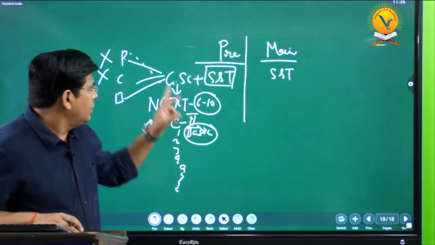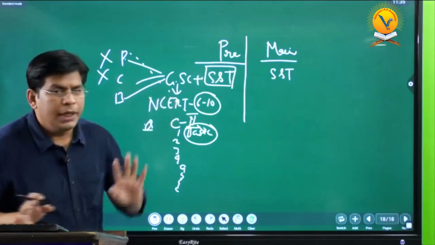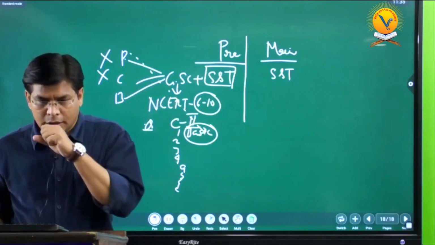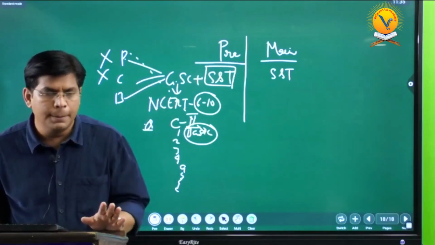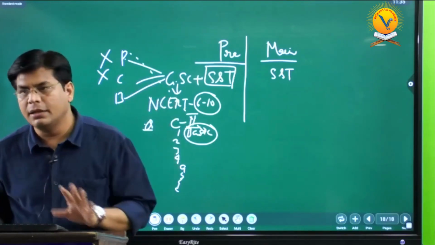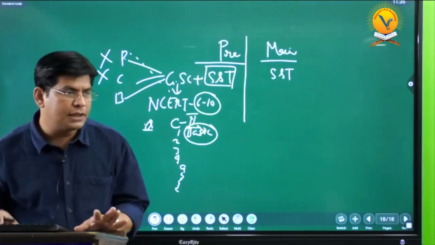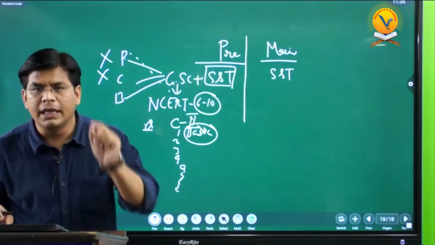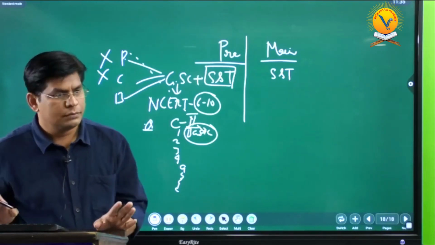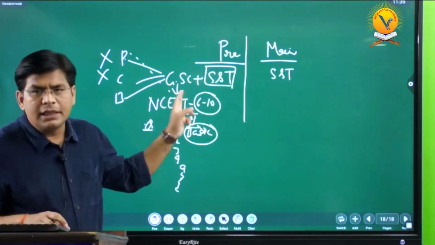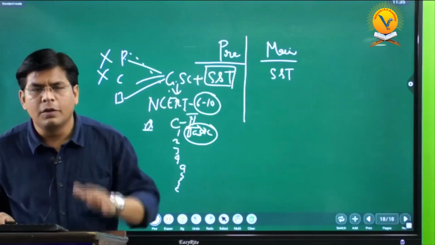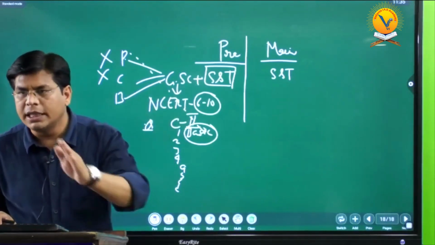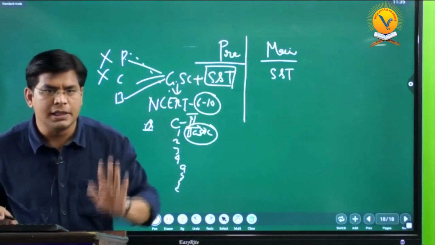For example, I am taking one example of chemistry. They have asked about ITER, the International Thermonuclear Experimental Reactor. They will ask just a basic definition of enrichment. Now you can understand, a basic definition of enrichment from a standard 7 or 8 chemistry topic of NCERT.